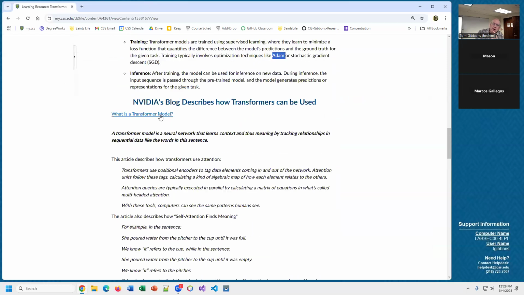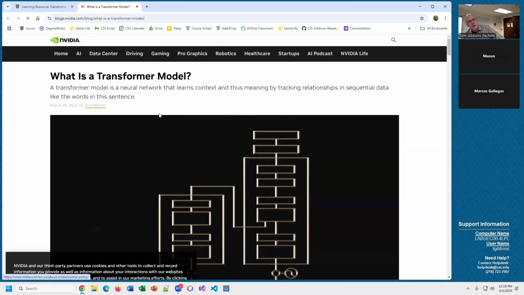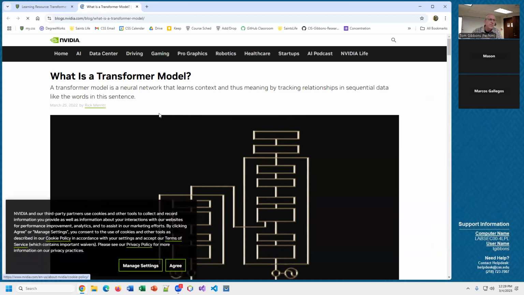The other area I want to look at is NVIDIA here. Are you familiar with NVIDIA as a company? Have you heard of them? What do you know about NVIDIA? What do they do? Gaming stuff. Gaming hardware?